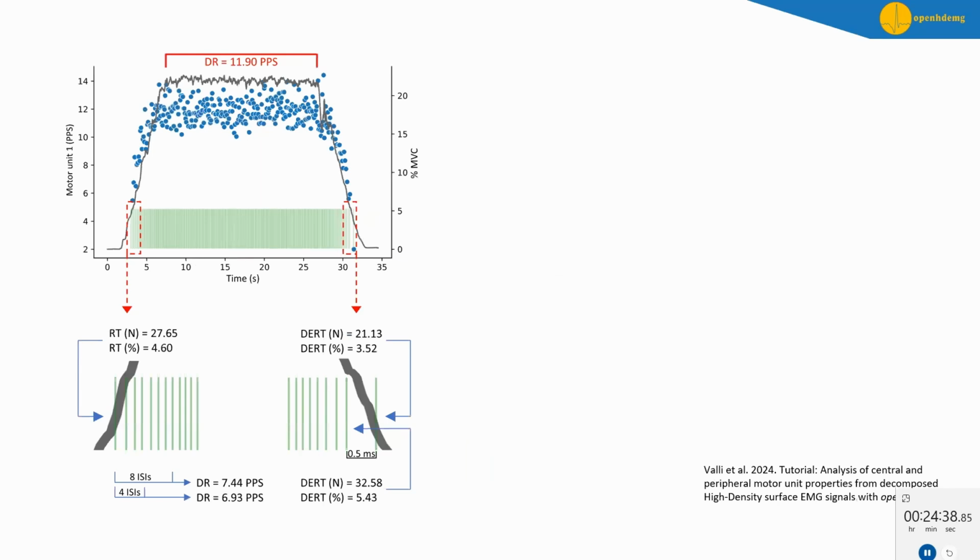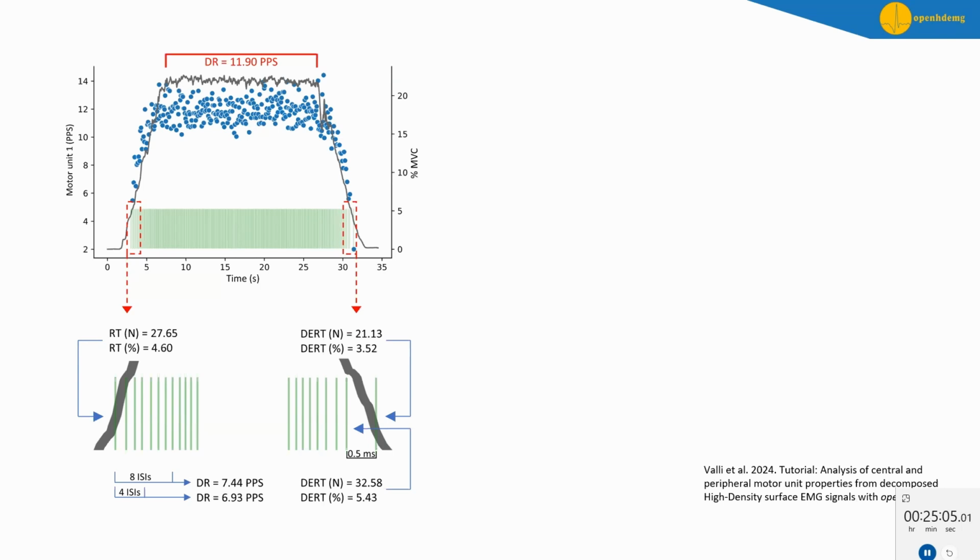Okay, when it comes to motor units properties, to discharge rate and recruitment thresholds, I think the definitions are quite simple. For example, recruitment and the recruitment thresholds are the level of the reference signal at which the motor unit starts and stops discharging, while the frequency is the number of impulses that we have each second.